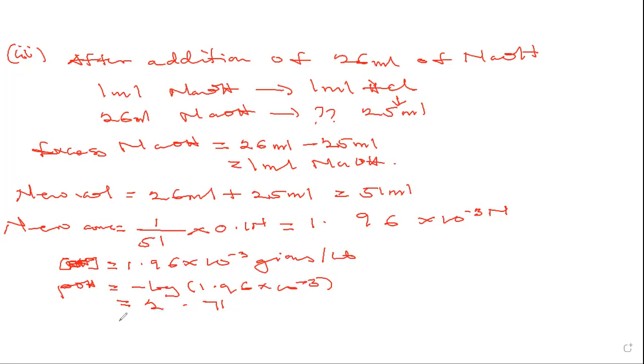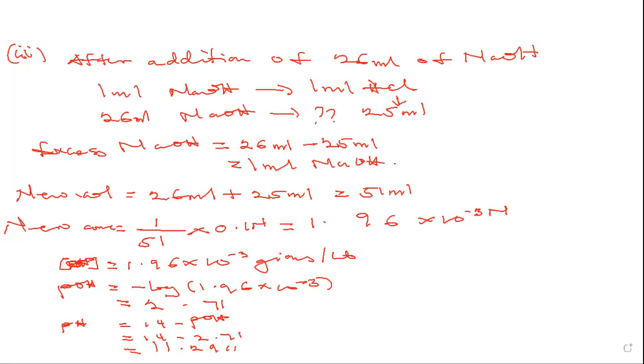Once we have our pOH, we can find pH because we know that pH is equal to 14 minus our pOH. And so this is simply 14 minus 2.71, and that is going to give us 11.29 or 11.3. That is what we have as our pH after addition of 26 mils. I hope that is very clear.